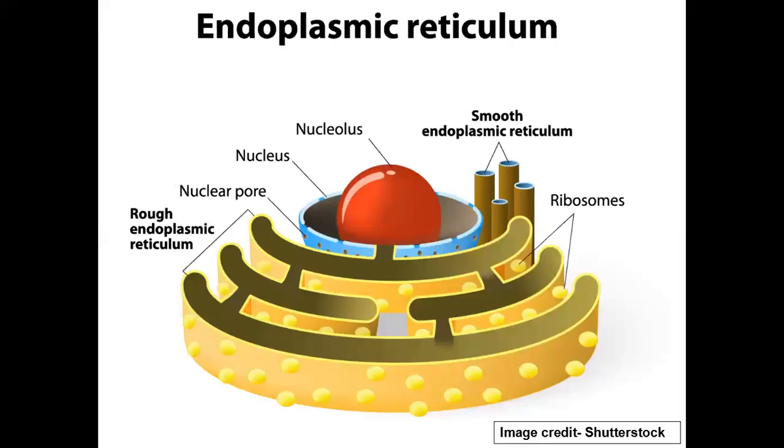Now, here we have the structure of the endoplasmic reticulum. So, we have seen in the structure of the cell that these tubular grooves are surrounding the nucleus, and extending towards the cell membrane. Some of the endoplasmic reticulums have ribosomes on them, and others do not.